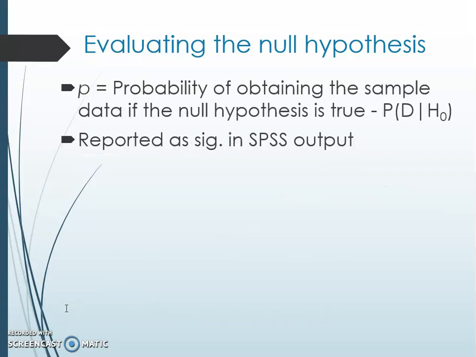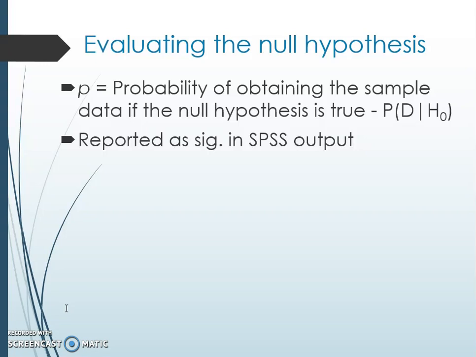Also, when you evaluate the null hypothesis and you get your output from SPSS, you're going to get a p-value. And P is the probability of attaining the sample that you got if the null hypothesis is true.